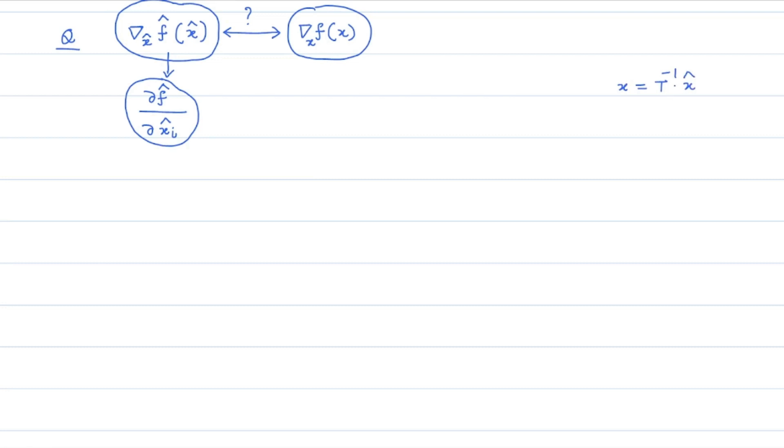Now let's suppose this T inverse is a matrix, say capital A, which has the ijth entry as Aij.